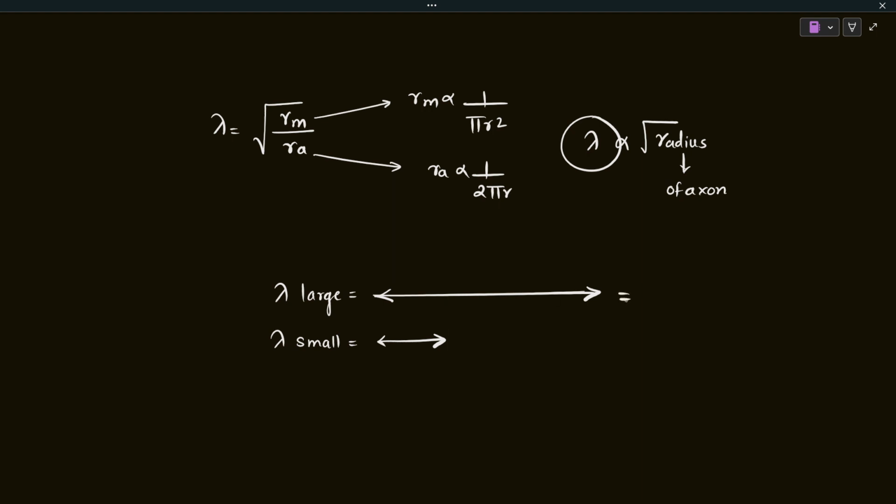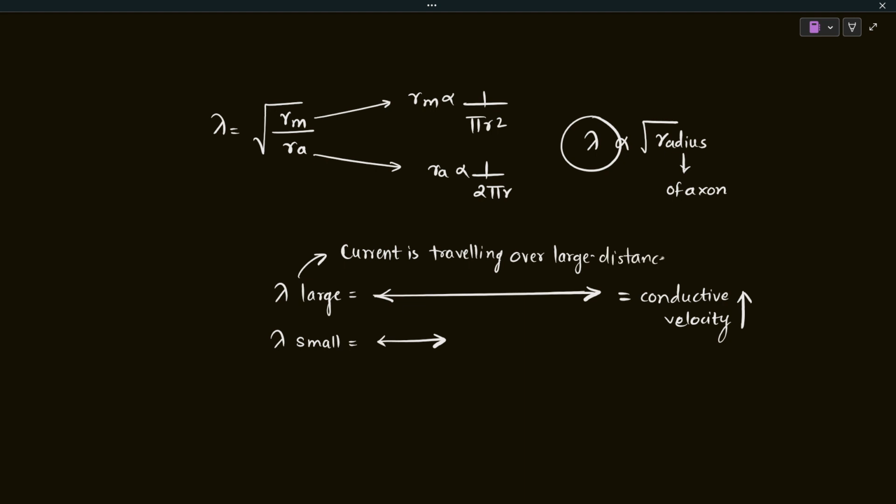So whenever lambda is large, the conductive velocity will also be higher. This means that whatever current is generated is traveling over large distances.